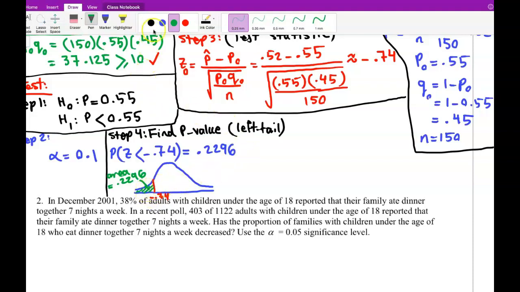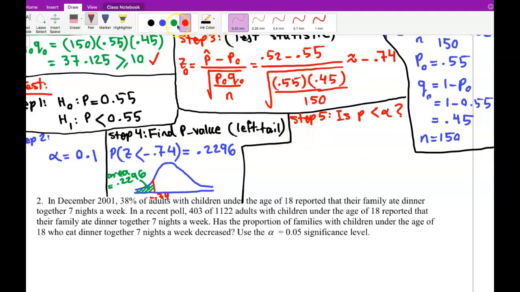Okay, then step 5. We should compare the p-value and alpha. If the p-value is less than alpha, then we should reject the null hypothesis. So we should ask, is p less than alpha?